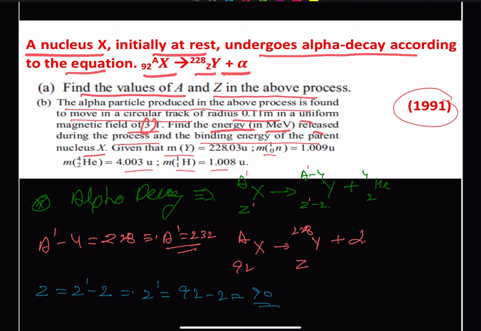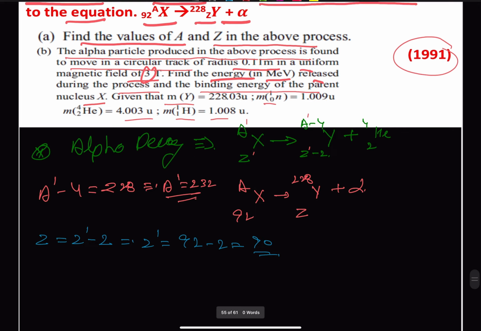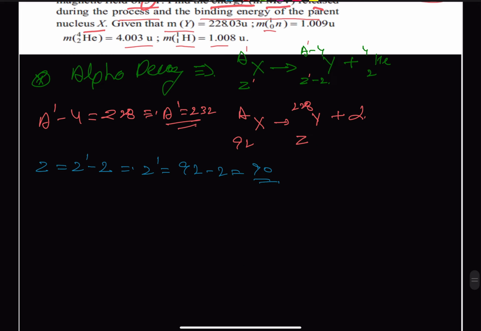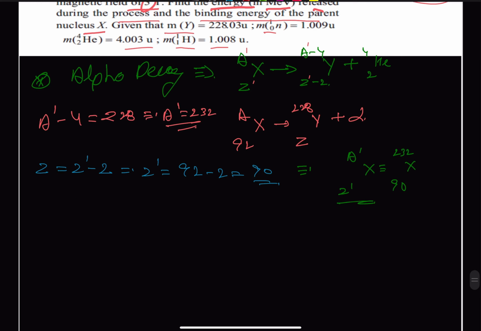There was some confusion on my part. So we got that our X will be our A prime, Z prime, which gives us 90 and 232.